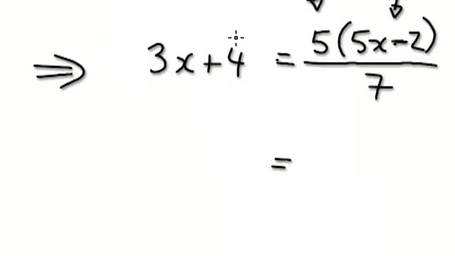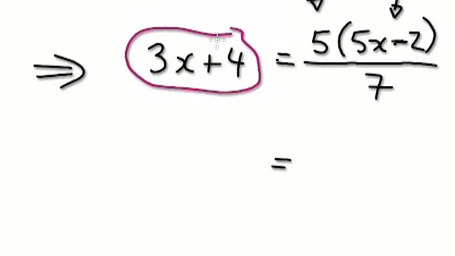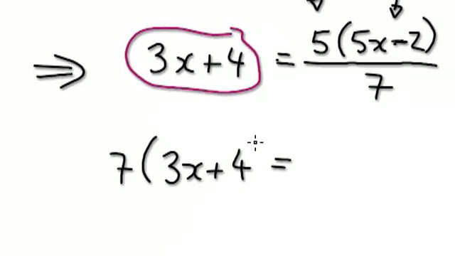Now the next step, inside your mind, multiply both sides by 7. I imagine this is in a bubble and multiply it by 7, so we have 7 bracket 3x plus 4.